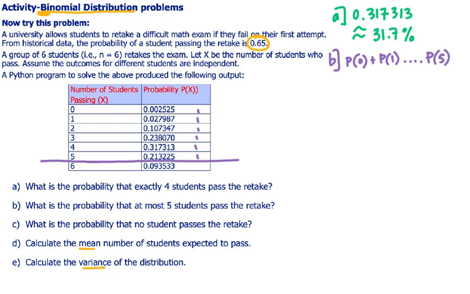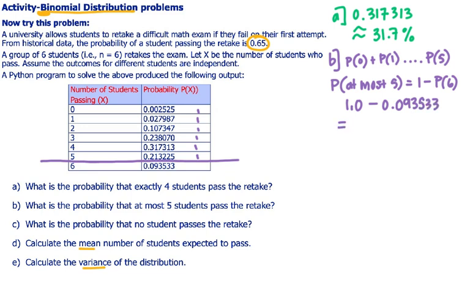I'm going to do a little shortcut method and say, look, the probability of at most 5 is actually going to be the same as 1 minus the probability of 6, because 6 is not what we want. We want the others. So it's just a shortcut calculation. We have 1.0 minus the probability of 6, 0.093533.